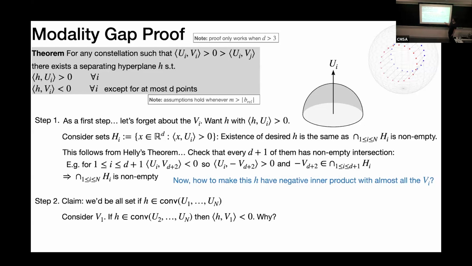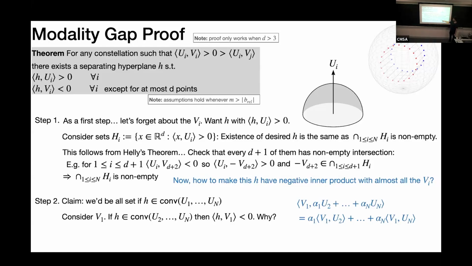So consider V1. We're going to try to show that V1 has a negative inner product with H. Suppose actually that H is in the convex hull not of U1 through UN, but of U2 through UN.